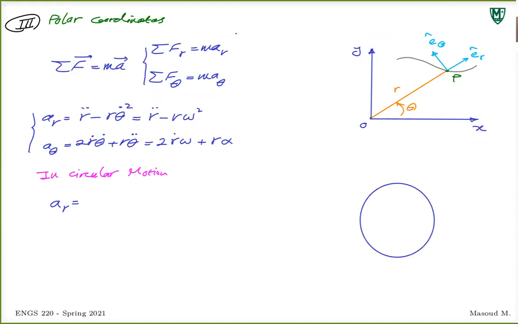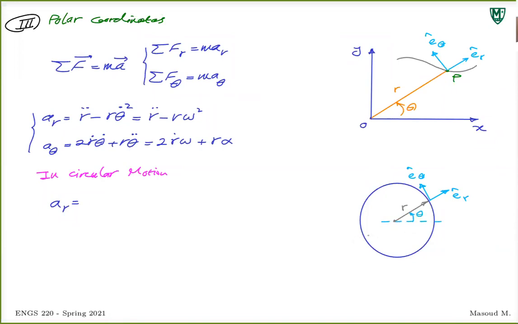If this is the radius R and this is the origin, then you will get ER and E theta. This being in R direction, this perpendicular in increasing theta, assuming that this is the increasing theta.